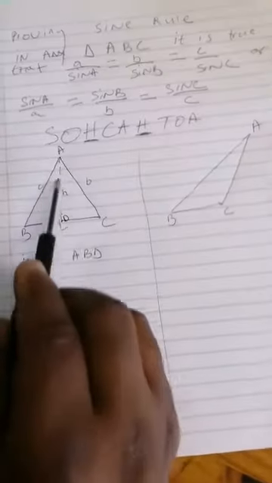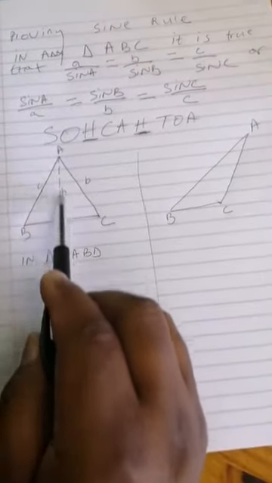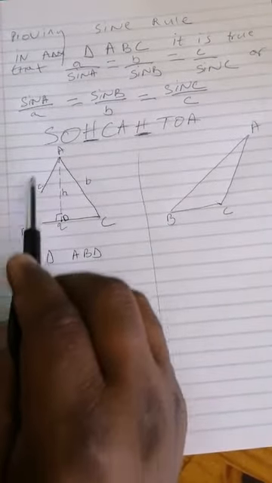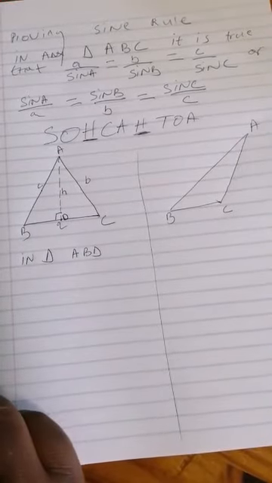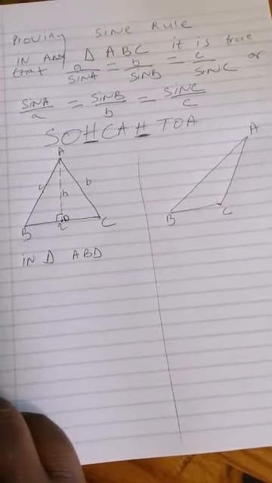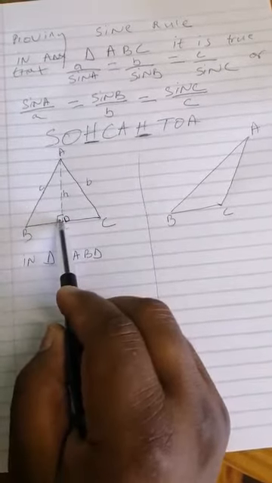Triangle ABD is this triangle. Can you see that it is a right-angled triangle? It's a right-angled triangle because we've got a right angle there.